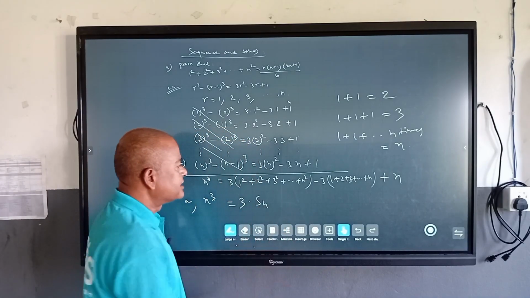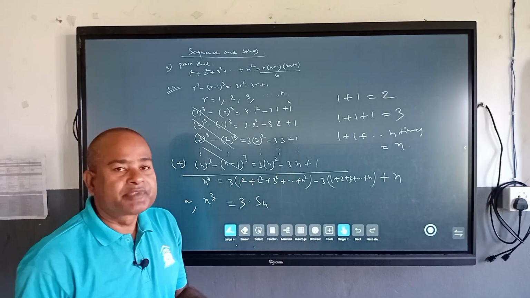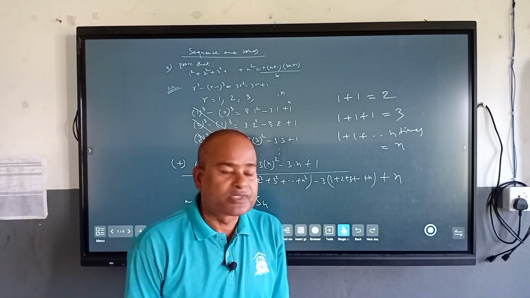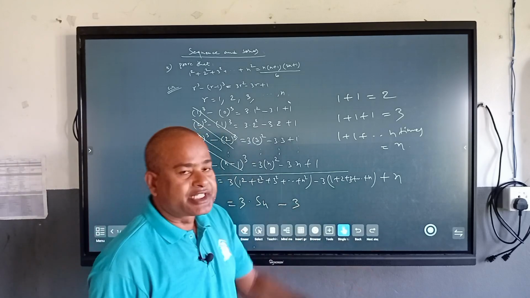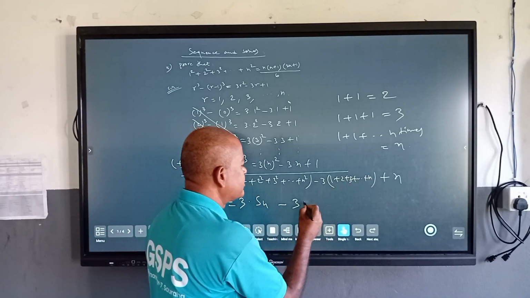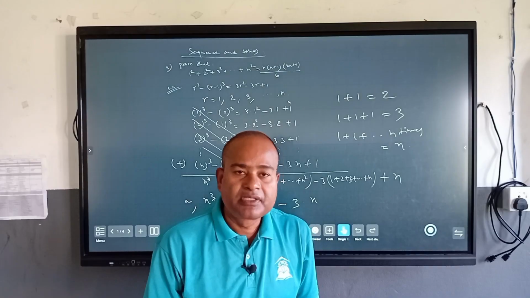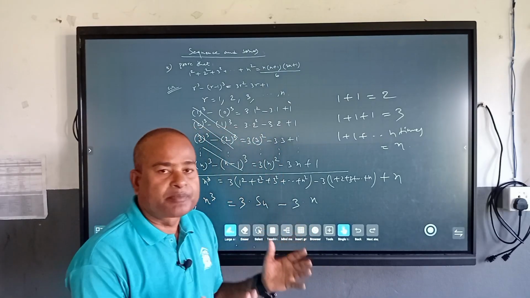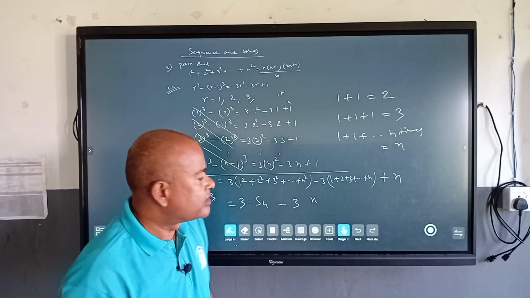So let's suppose this series as Sn, because we have to find the sum of the squares of the first n natural numbers, minus 3 times (1 plus 2 plus 3 plus dot dot dot n). Dear students, this is the sum of the first n natural numbers, which we have already proved in the previous video. If you have not watched, please go to the previous video and learn how to find the sum of the first n natural numbers.